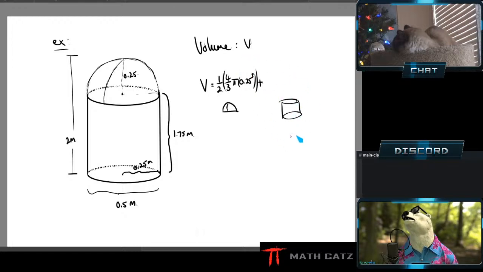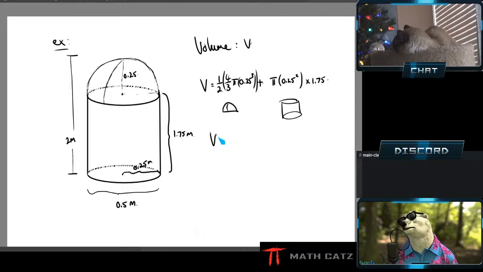Plus the volume of this cylinder, the circular prism, which is area of the base, pi r squared, times the height.